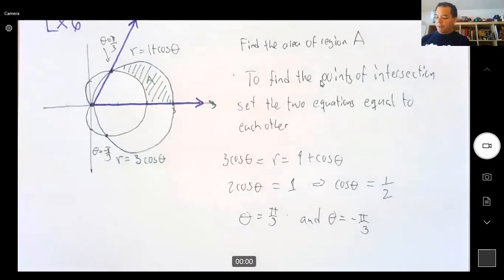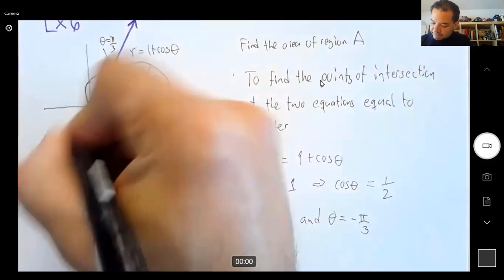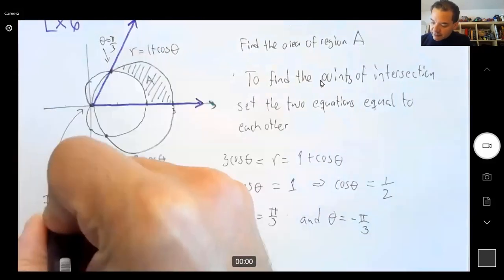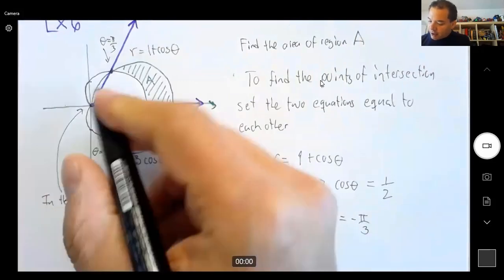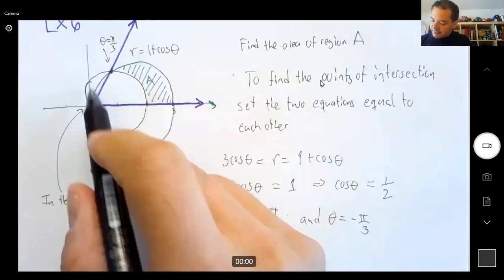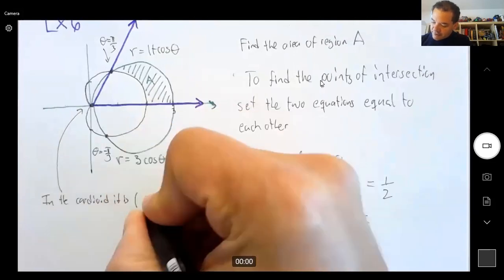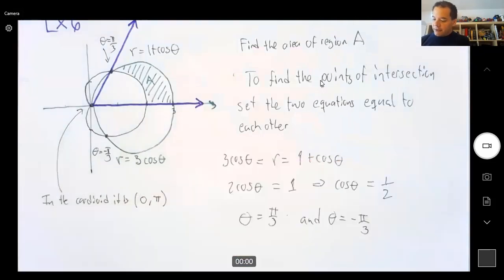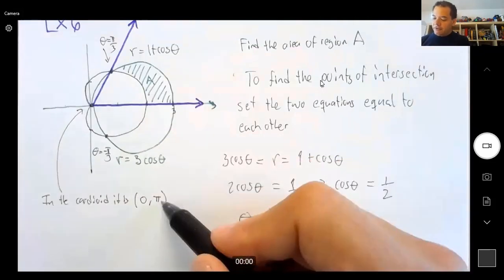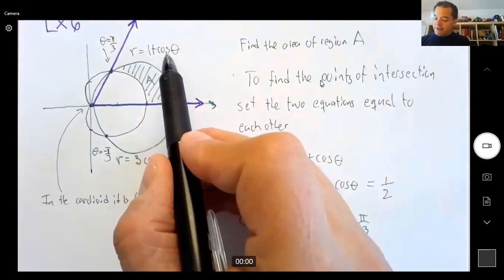Yes, so for example here, this 0 point in the cardioid happens when theta is actually pi. So it is a point with coordinates 0, comma pi, if you think about it, right? So when theta is pi, cosine of pi is -1, -1 plus 1 is 0.